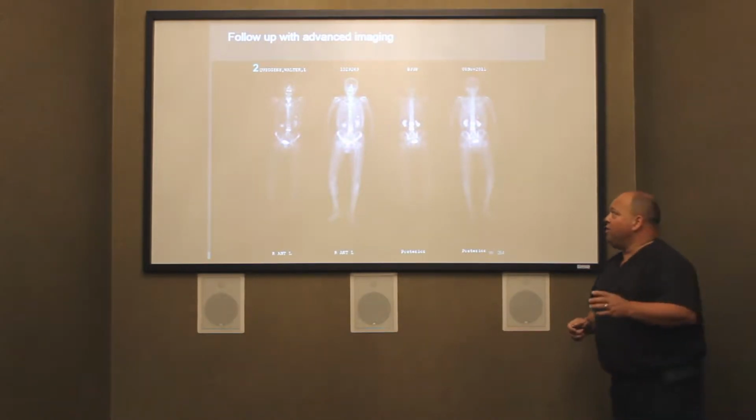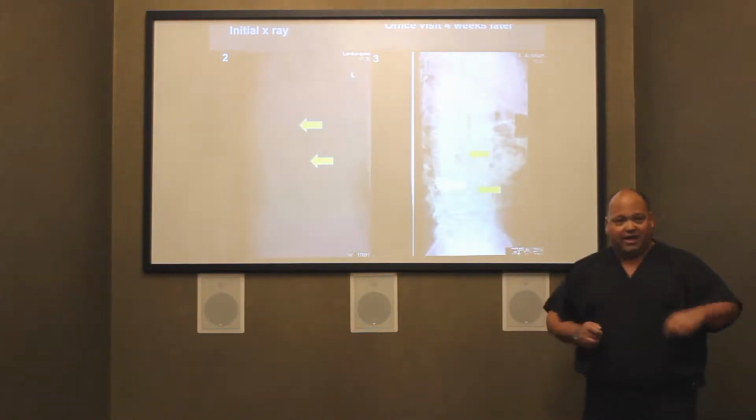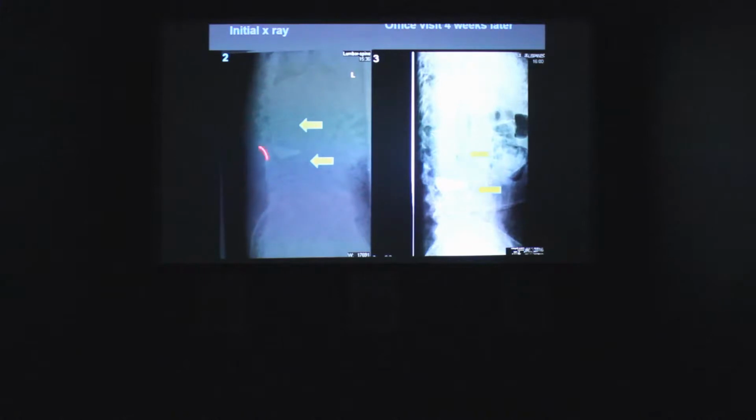So the point that I want to make to this is that when you have patients, and I'm going to kill the light again for just a second, thank you, because we put them side by side. This is the initial X-ray in the emergency room. This is the X-ray in our office. And you can see here and here, those vertebral bodies actually look pretty good. And here you can see that there's some superior end plate deformities.